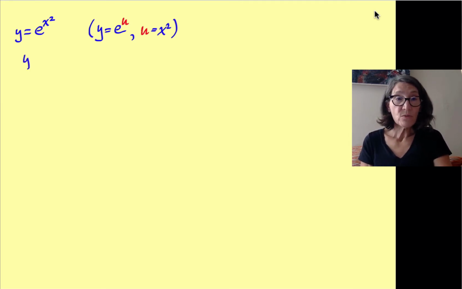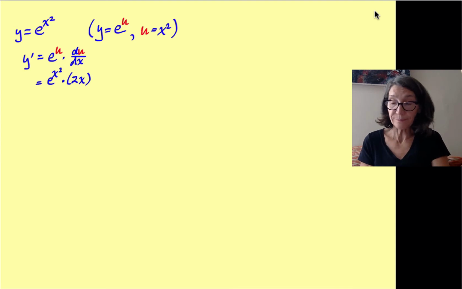To use the chain rule on this, remember we differentiate the outside with respect to u, so it's just e to the u, and we multiply it by the derivative of u with respect to x. So in our case, we get e to the x squared times 2x, which I can rewrite as 2x e to the x squared.